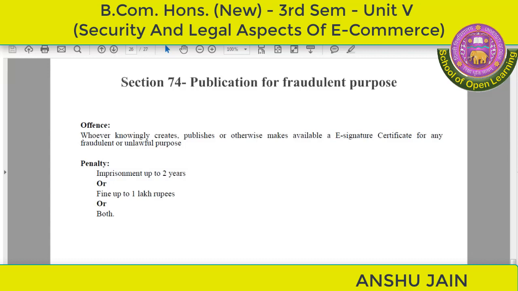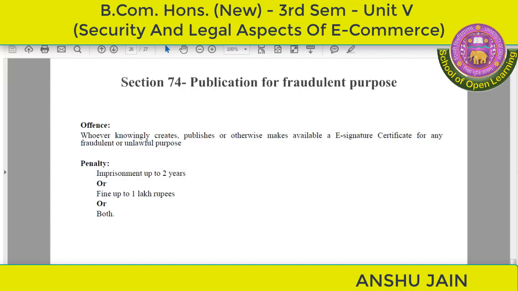Section 74 is talking of the publication for fraudulent purposes. The offense is that any person who knowingly creates, publishes, or otherwise makes available a digital signature certificate for any fraudulent or unlawful purpose.